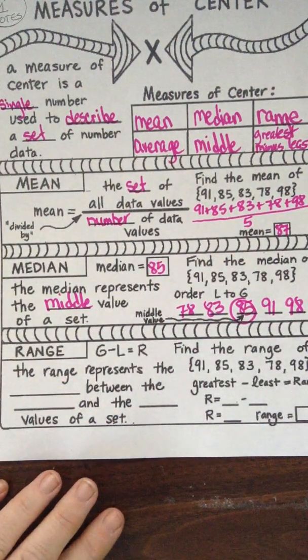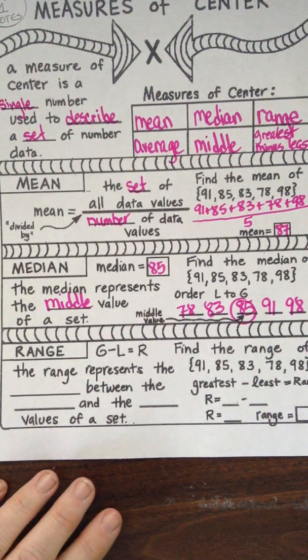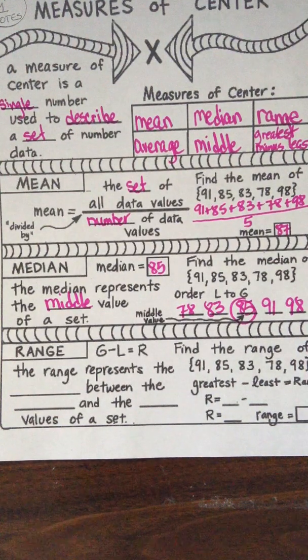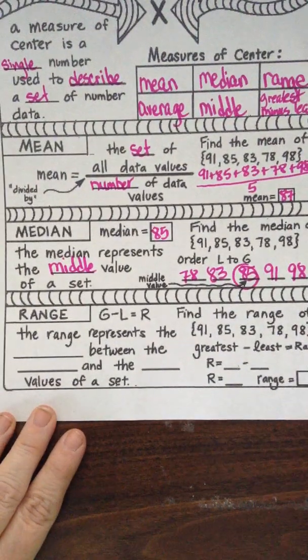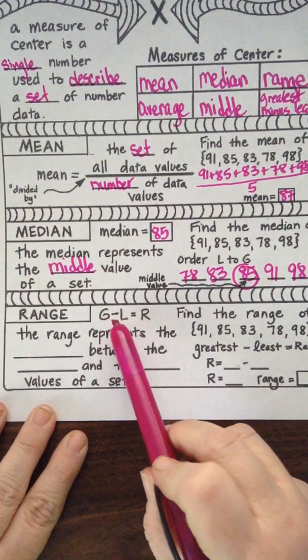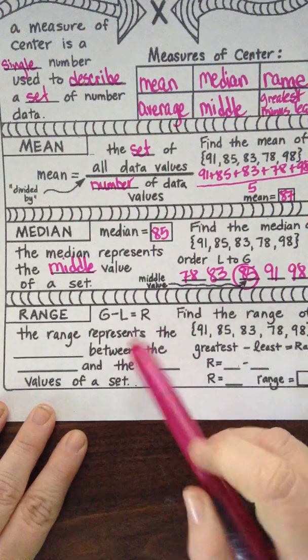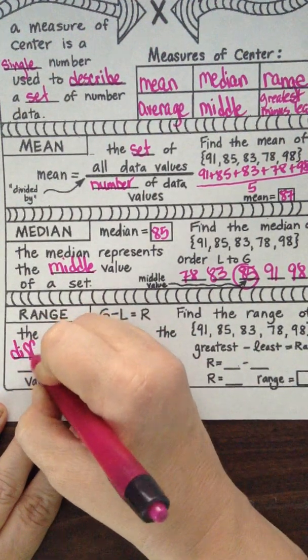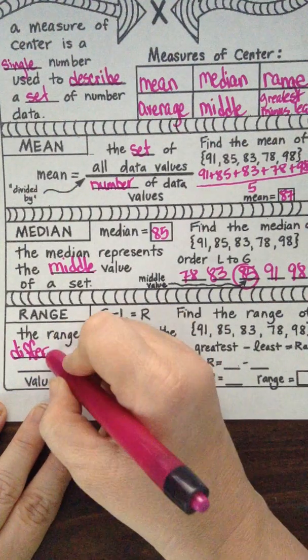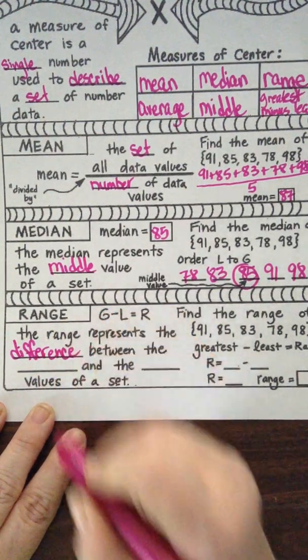And there are some tricks because sometimes it doesn't always work out that way, but we'll look at those as we get to them. Now the third one, range. This is the greatest number minus the least number equals the range. And the range represents the difference. Okay, we're subtracting, so therefore we're getting a difference.